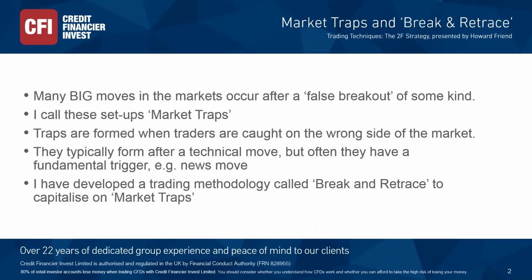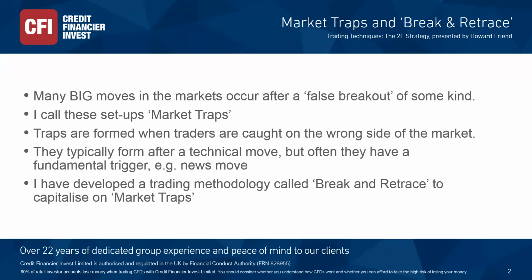Usually they will form after a technical move, for example, the break of a support level or the break of a resistance level, but often they have a fundamental trigger, for example, a piece of news comes out. So essentially what we're looking for is a situation where the market has made a sudden move up or down based on either a piece of news coming out or the break of a support or resistance level.